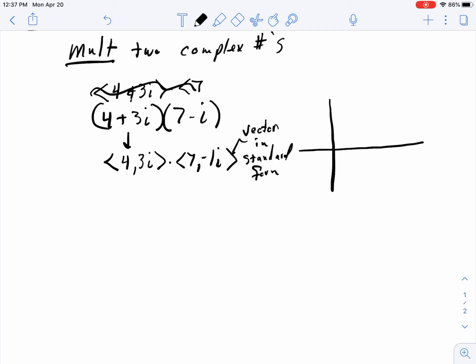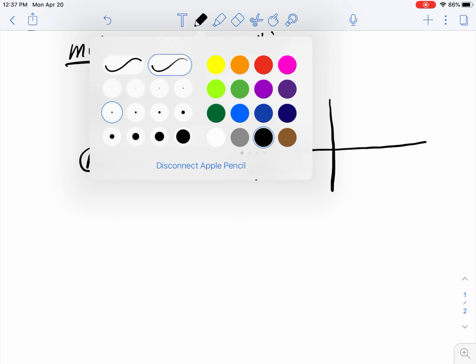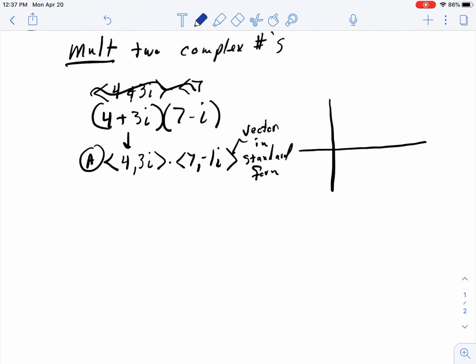So, graphing out, we'll call this vector A here. A would be out 4, so 1, 2, 3, 4, up 3i. That would be vector A, which also produces an angle here, and we can call this angle A itself.